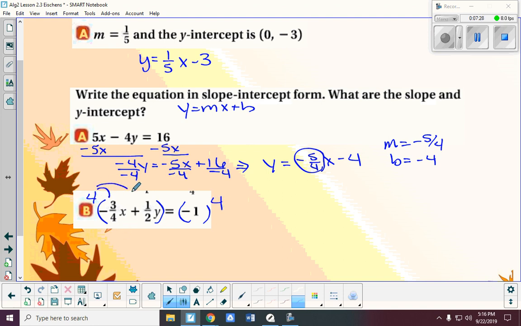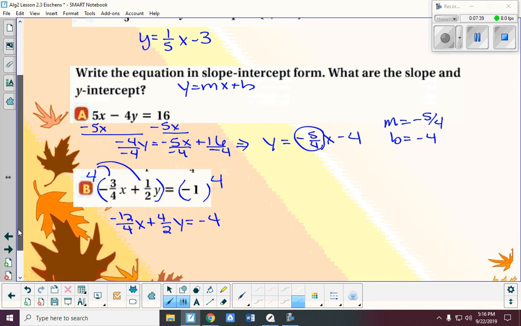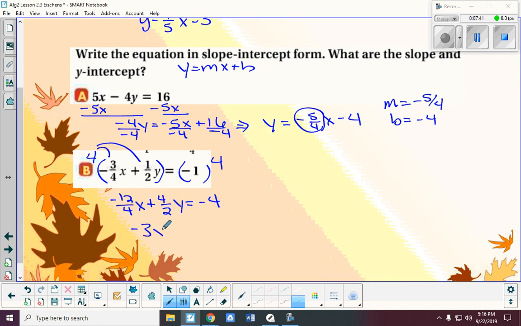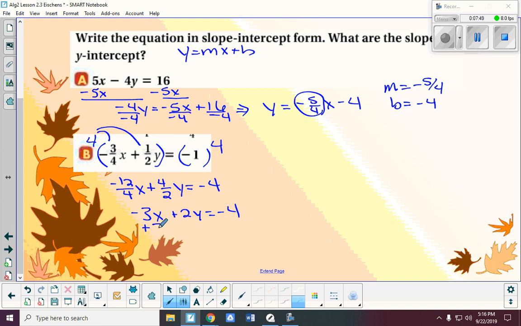So if we distribute, we would have -12x plus 4/2 y equals -4, which simplifies to -3x plus 2y equals -4. And now it'll be a little bit easier to solve for y.